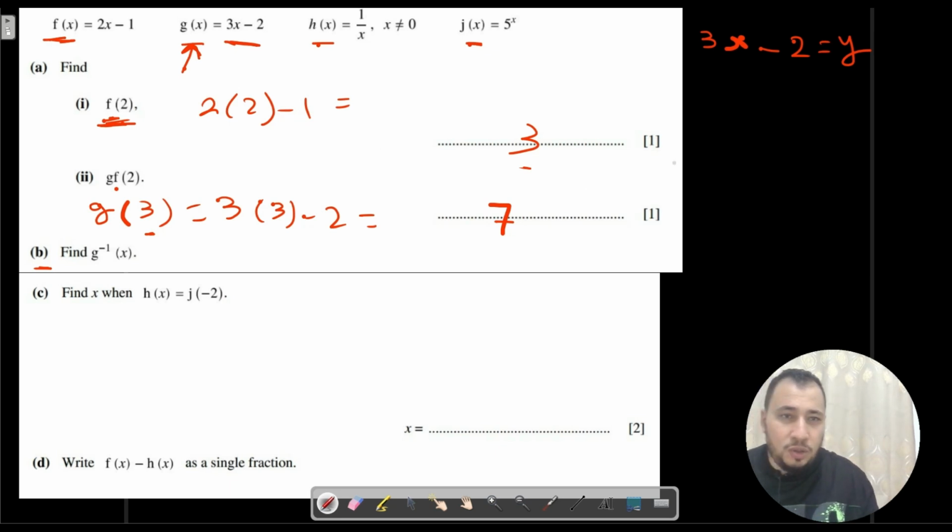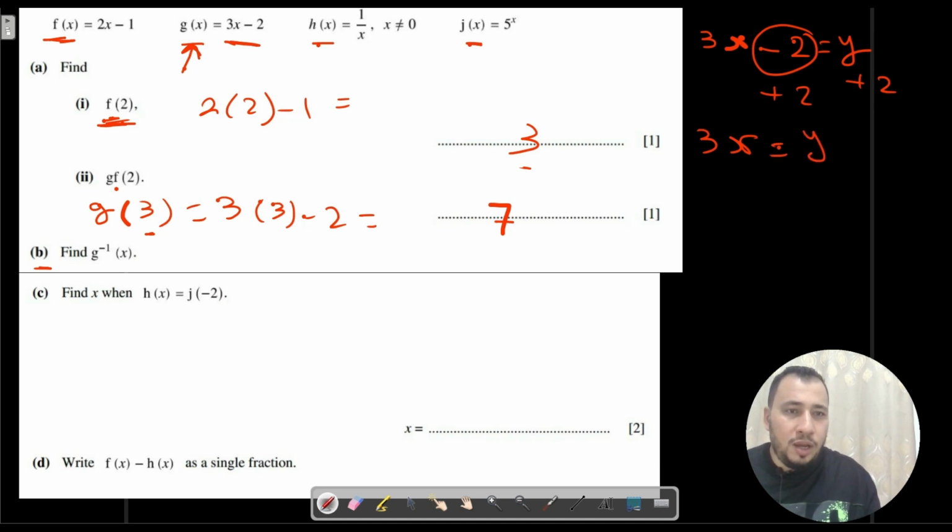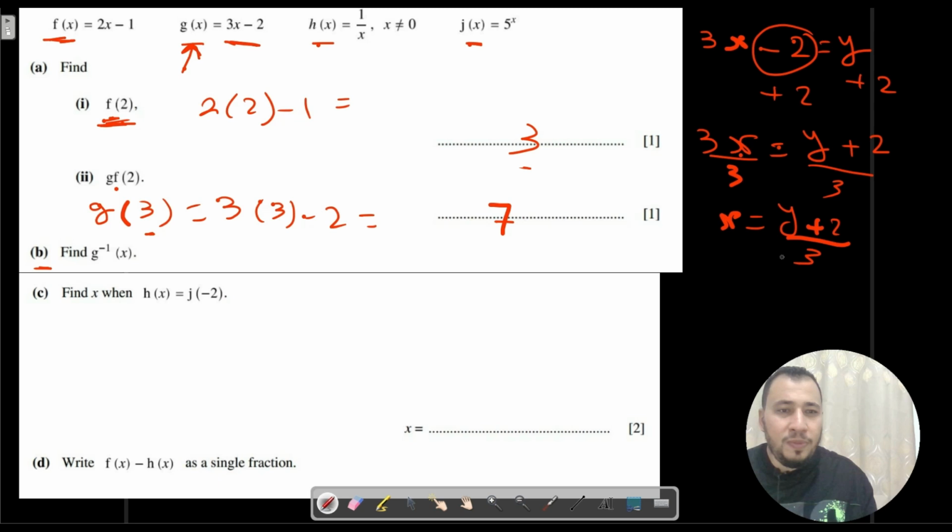To get x alone you have to get rid of this 2, so plus 2 on both sides, so 3x equals y plus 2. Divide by 3, so x equals y plus 2 over 3. And now your answer is, instead of this y, you write x. So x plus 2 over 3.